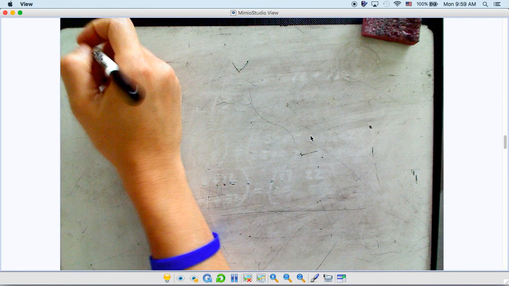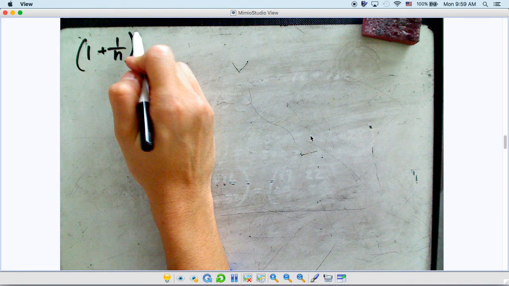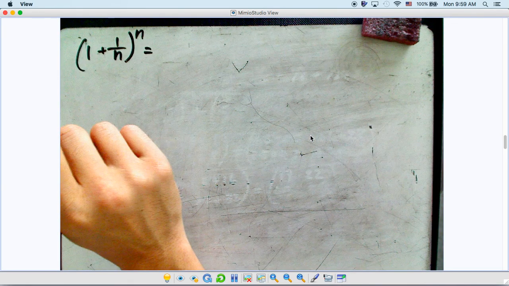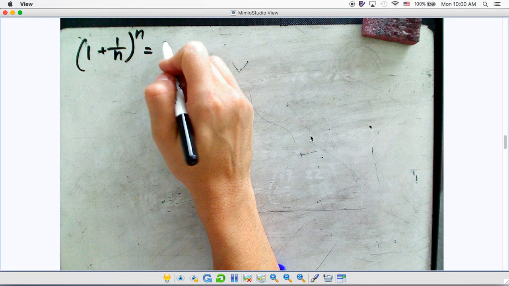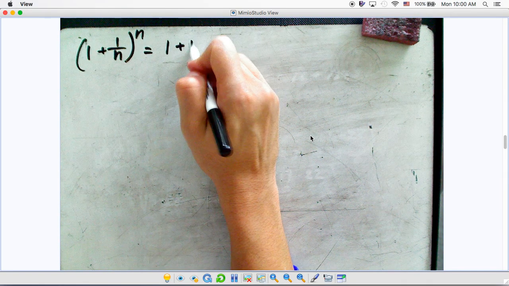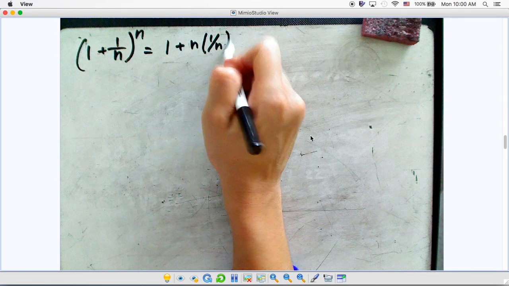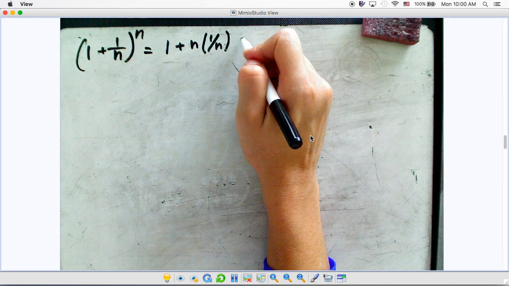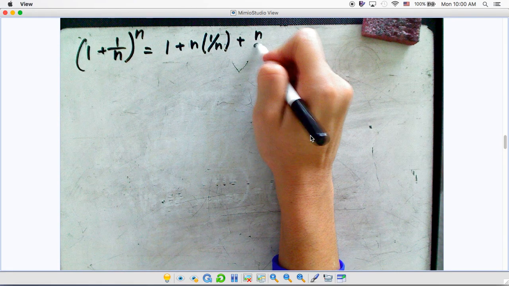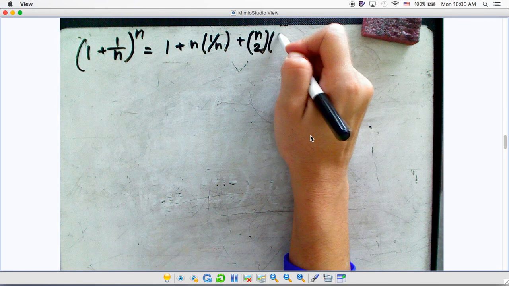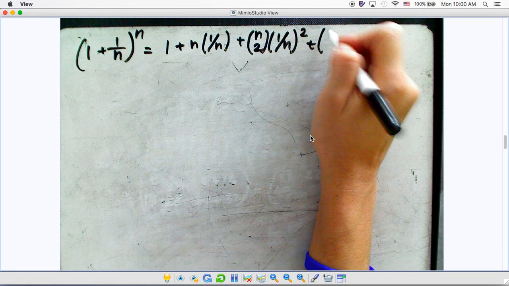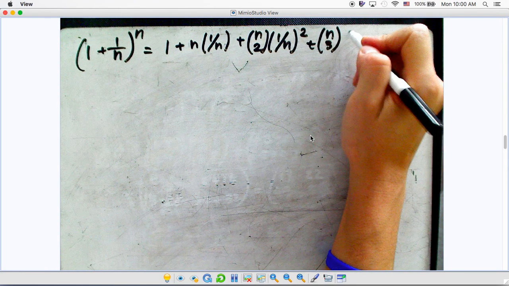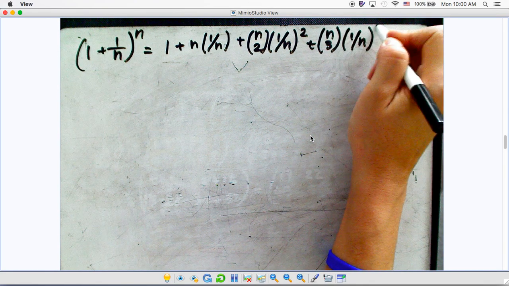So let's say we started out with (1 plus 1 over n) to the nth power. By using the binomial theorem, which you've learned in Algebra 2, this equals 1 plus n times 1 over n, plus n choose 2 times 1 over n to the 2nd power, plus n choose 3 times 1 over n to the 3rd. Do you start seeing the structure?